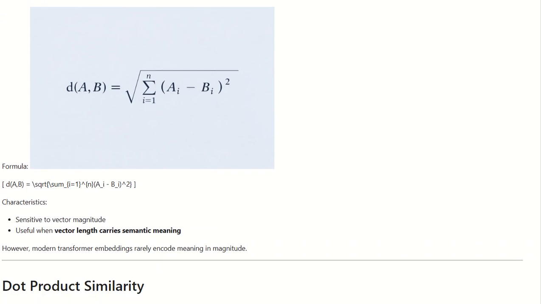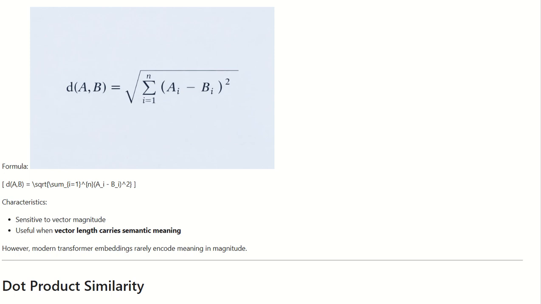Its characteristic is that it is sensitive to vector magnitude and useful when vector length carries semantic meaning. However, modern transformer embeddings rarely encode meaning in the magnitude.